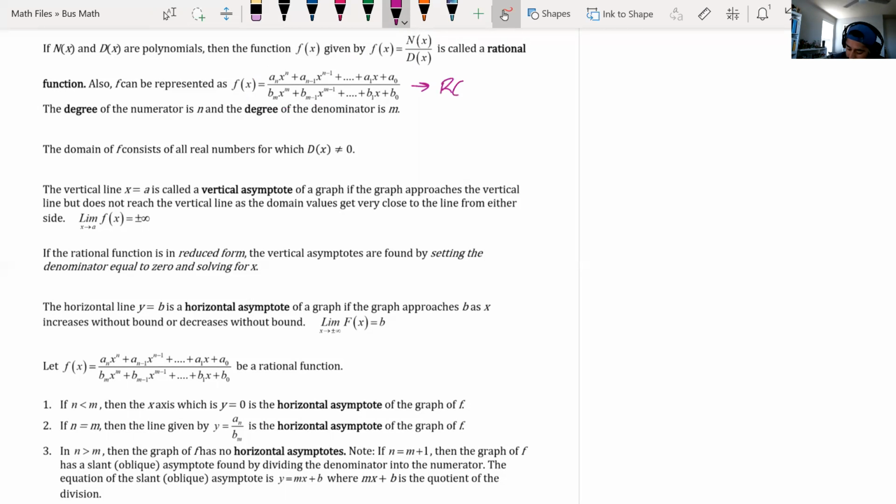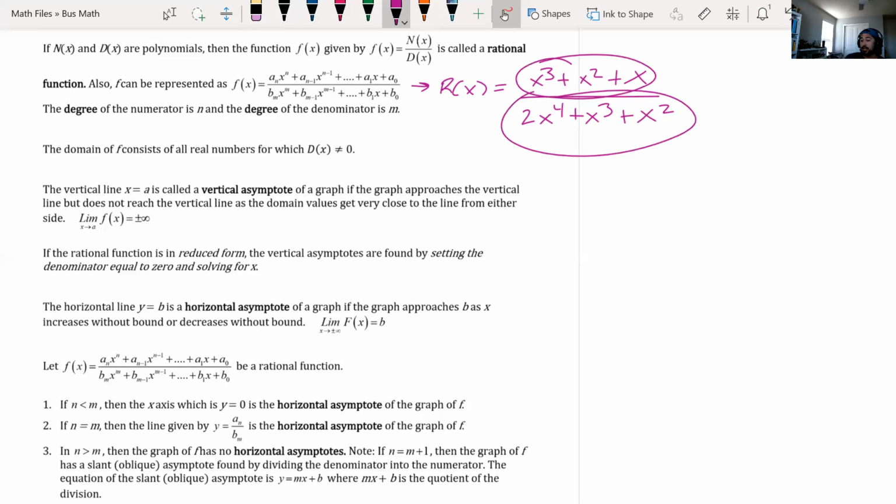Let's say I had my rational function and I had x cubed plus x squared plus x over 2x to the 4th plus x cubed plus x squared. This would be a rational function where you have a polynomial in the numerator and a polynomial in the denominator. And they all go from highest power to lowest power.